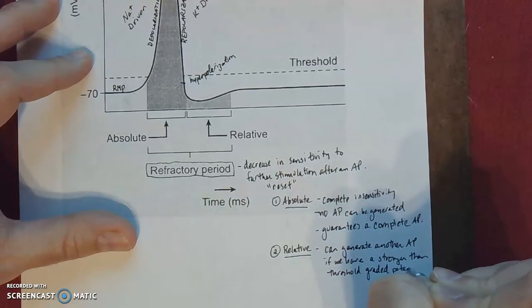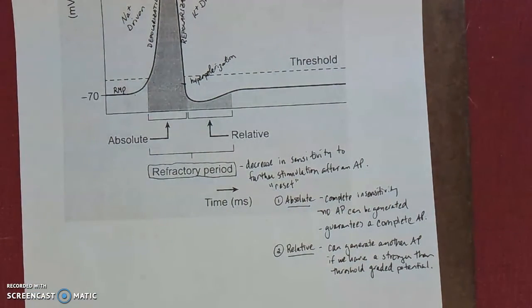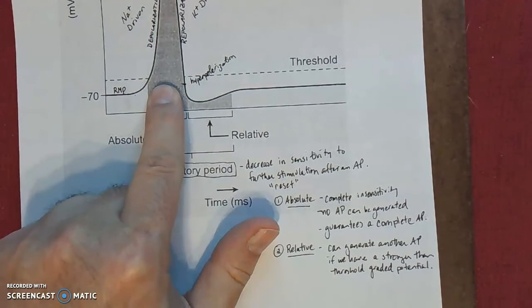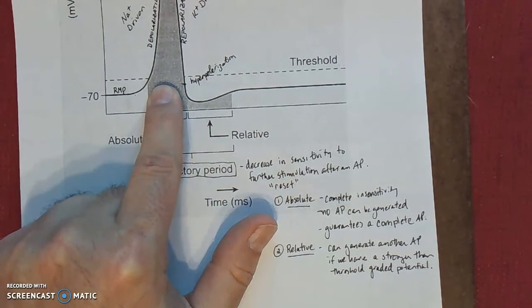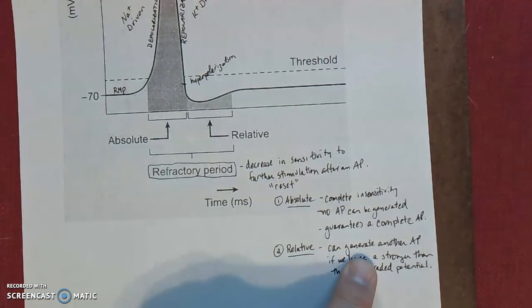So if the stimulus is so big and we generate a really strong graded potential, during this period, we could get another action potential. But only if it's really strong.